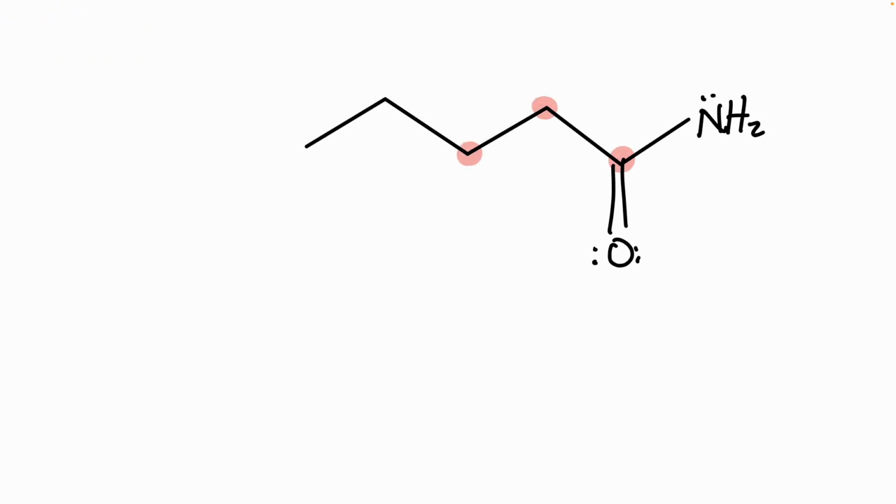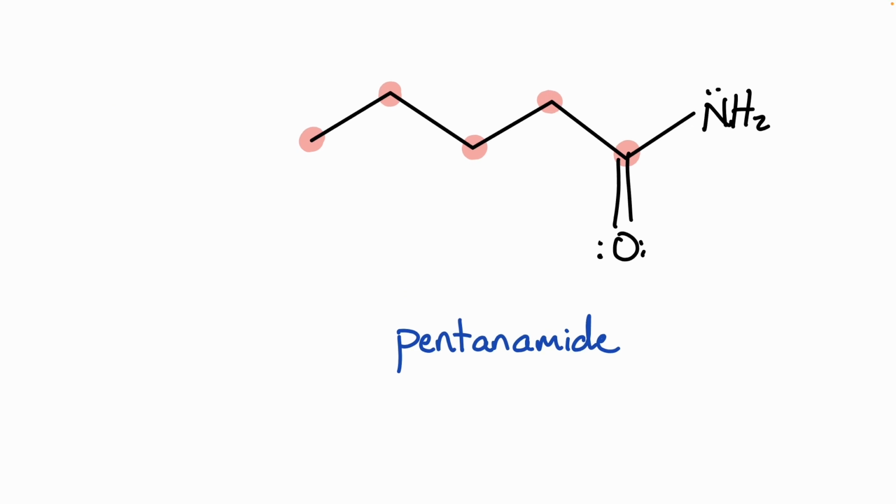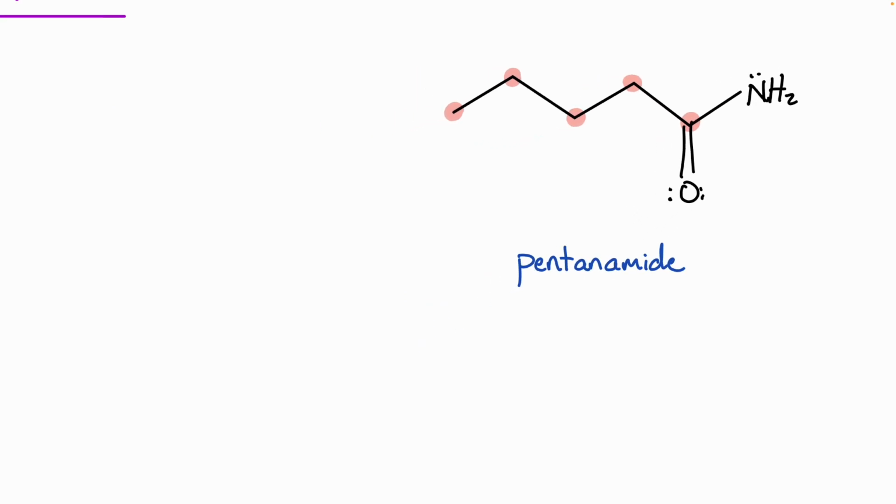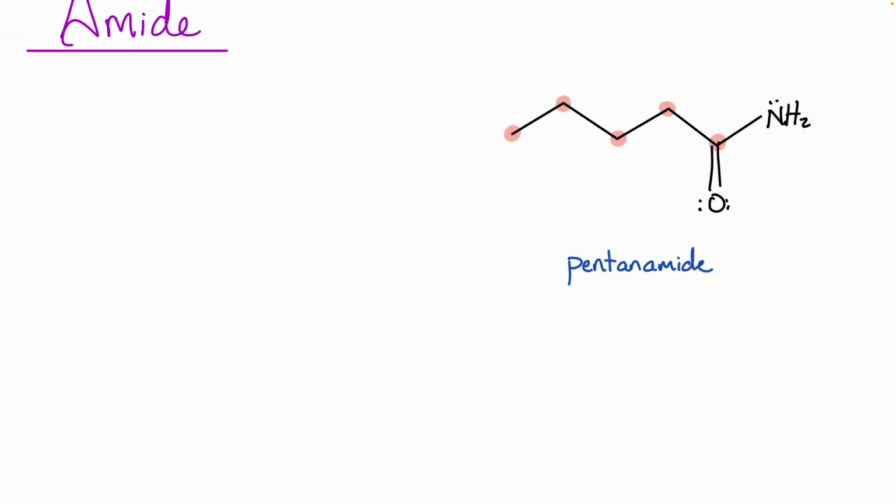So 1, 2, 3, 4, 5 carbon amide. This would just be pentanamide. All right, we use that ending amide. We got 5 carbons and they're all single bonds, so pentanamide. All right, so in that respect, there's nothing crazy going on there, all right?